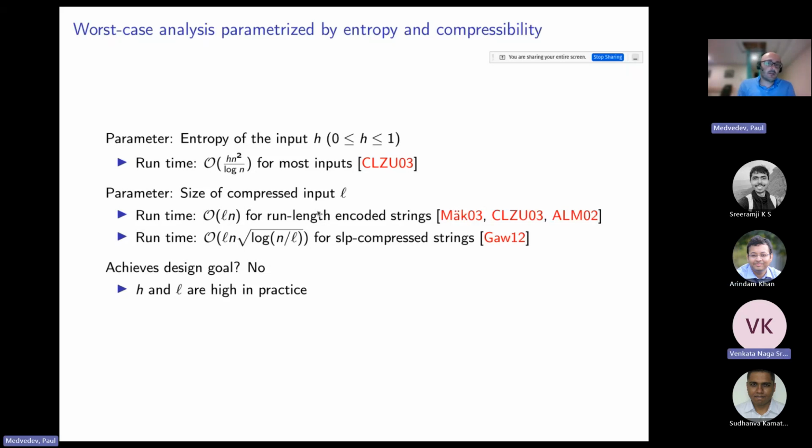Okay, and what does entropy of the input mean? Can you explain what entropy means? The idea of entropy is basically the randomness in the input. If I choose a random string, it's going to have high entropy. If I choose a string that's like all a's, it's going to have low entropy. There's a formula for entropy, and it's between 0 and 1.